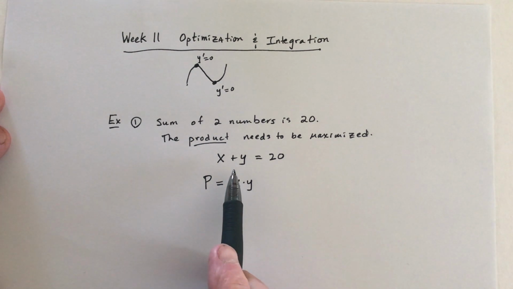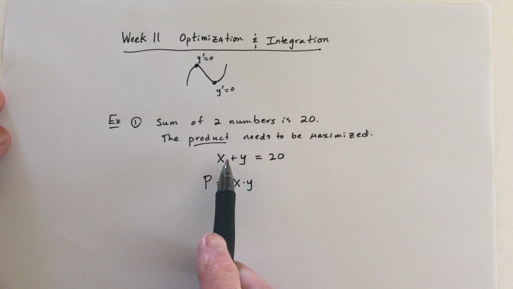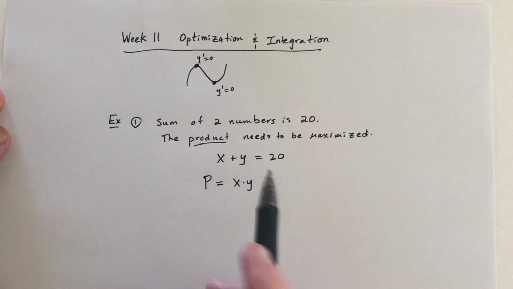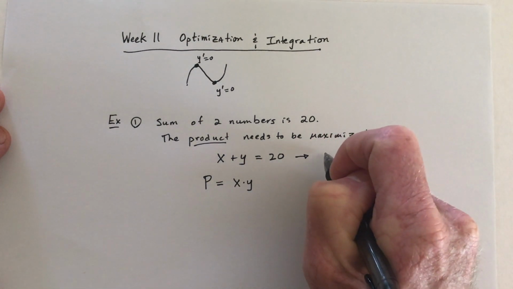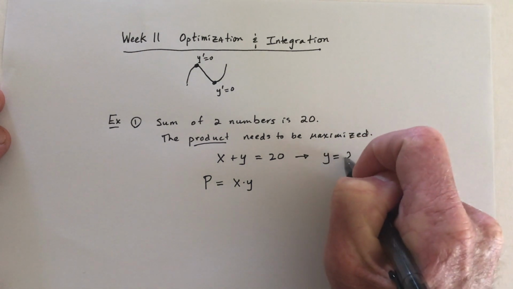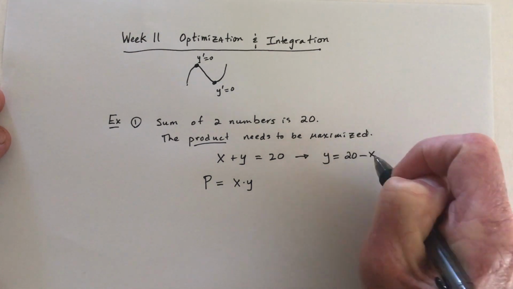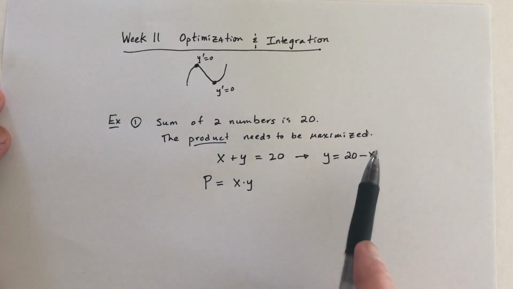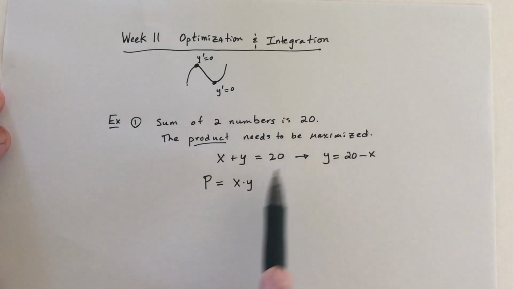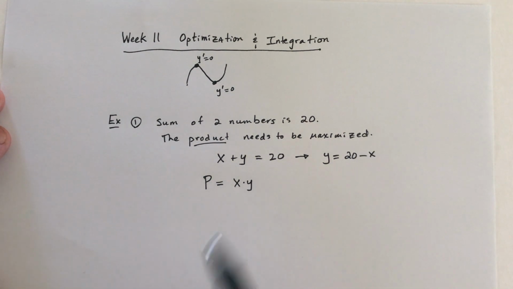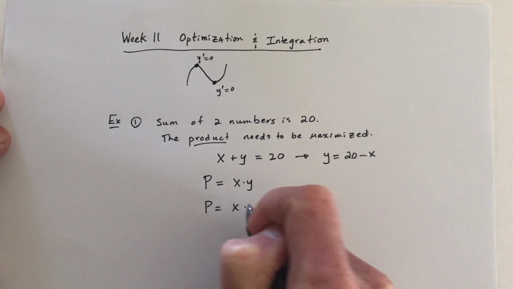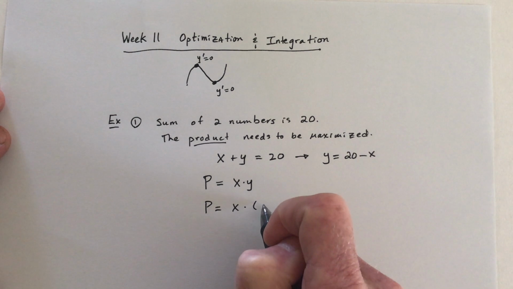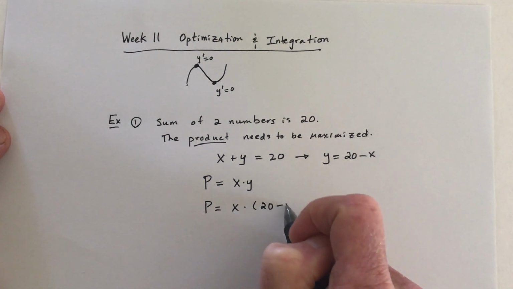So basically this equation right here, I can solve for y. So I'll just subtract x from both sides, and it's going to say y equals 20 minus x. And then I can take this and substitute it in for this y right here. So it's going to say the product equals x times, and then replace the y with 20 minus x.